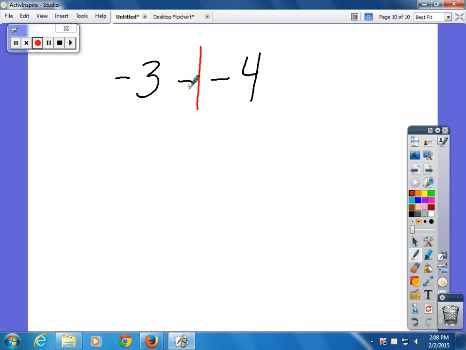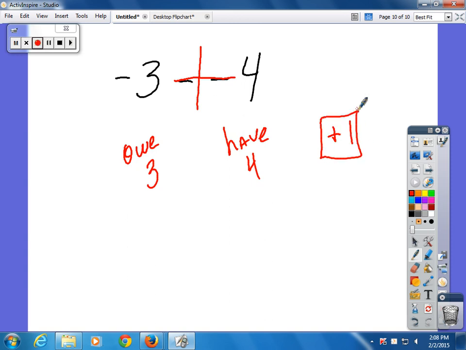And if you do that all the time, then you won't have any problems. And that's negative 3. You owe $3, and you have 4. Now, if you owe 3 and you have 4, your answer is you have what? 1 in your pocket. And that's it. There's no other combination of problems that you're going to have that is complicated.